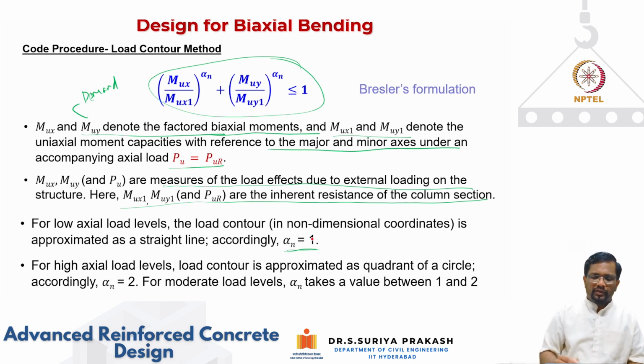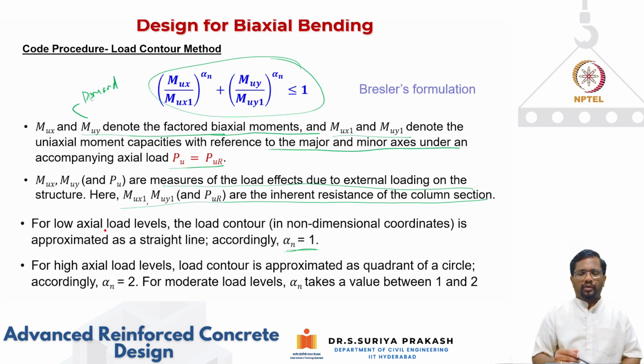Or in other words, for low axial compression load levels, the load contour can be approximated as a straight line, so it becomes a linear equation. And for high axial compression load levels, the load contour is approximated as a quadrant of a circle. So alpha n becomes 2.